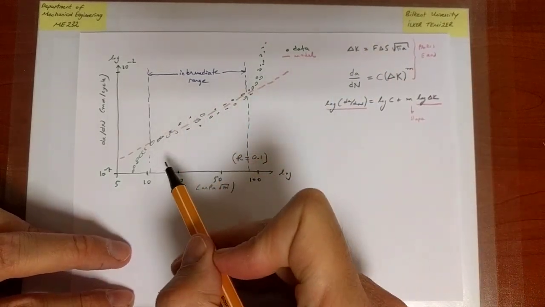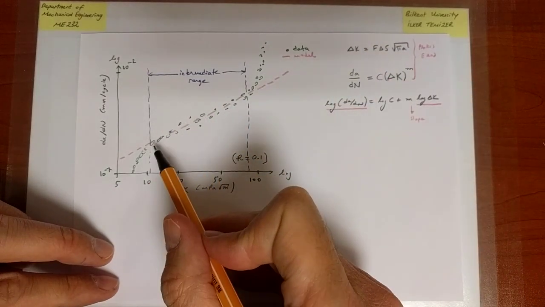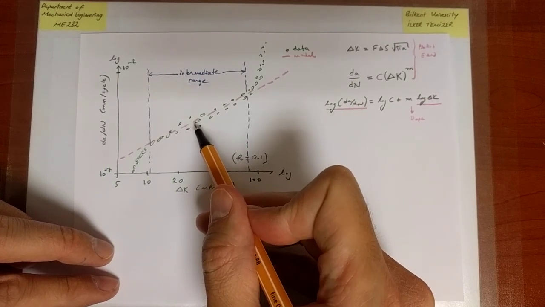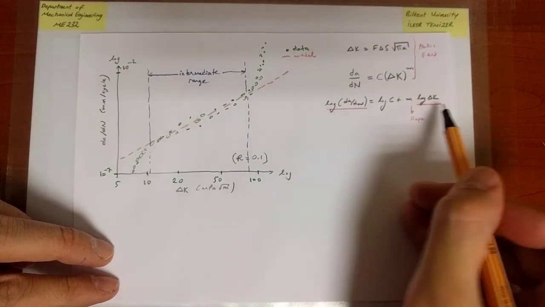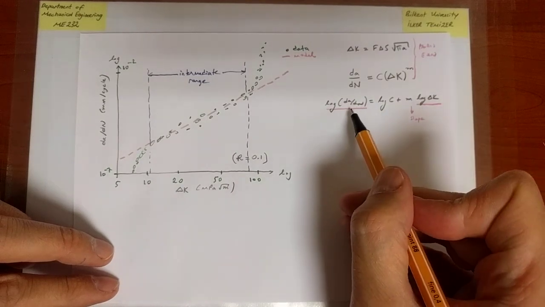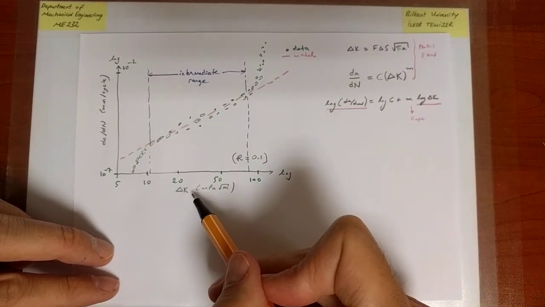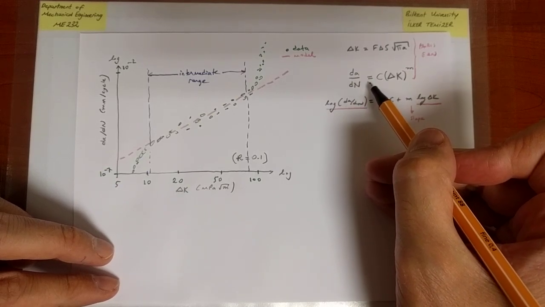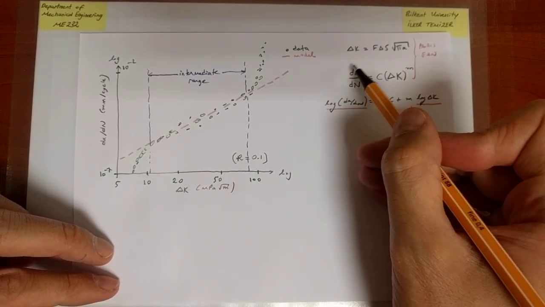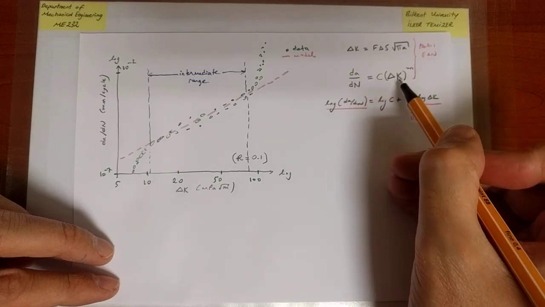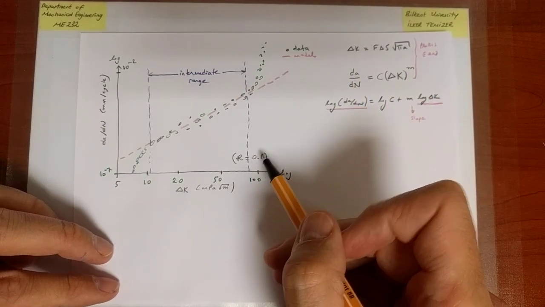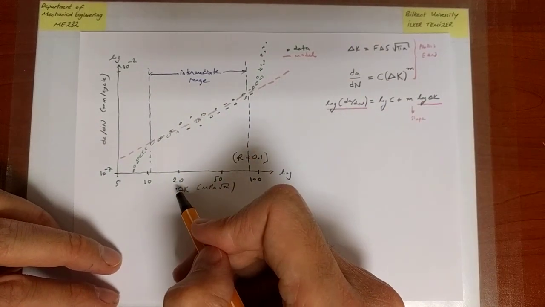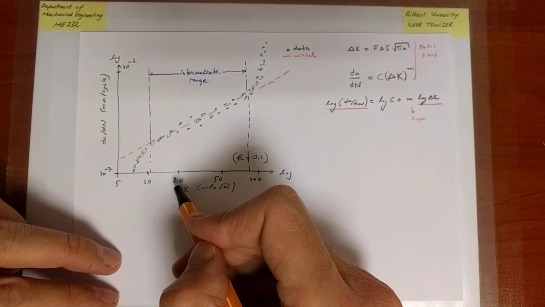In that intermediate range, it turns out that to a very good approximation, the crack growth rate in the logarithmic space is proportional to the stress intensity range, or in our actual formulation, it means that the Paris equation holds. In other words, the relation between dA/dN and delta K is of power form. Well, that's great.